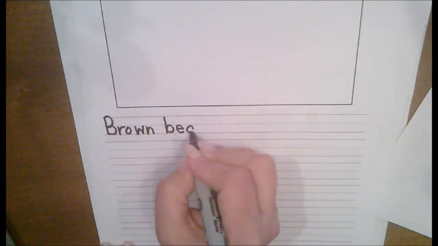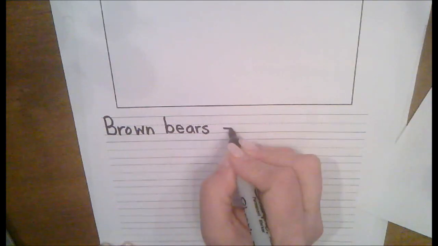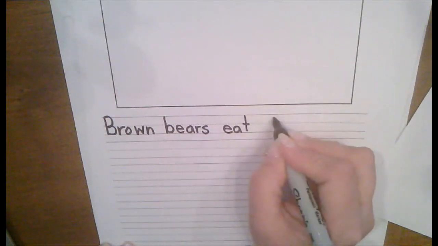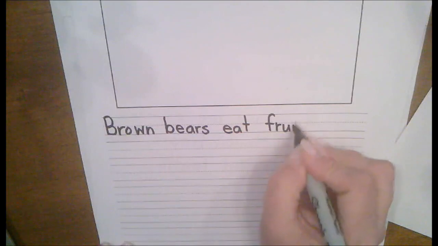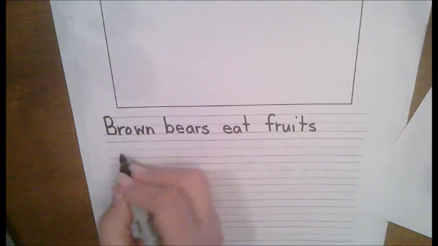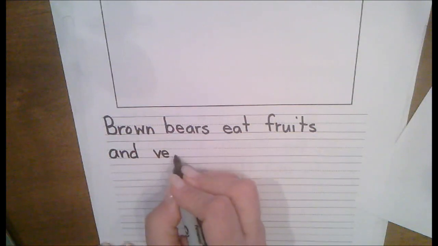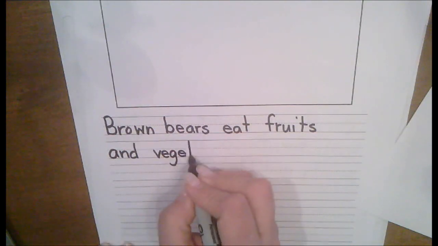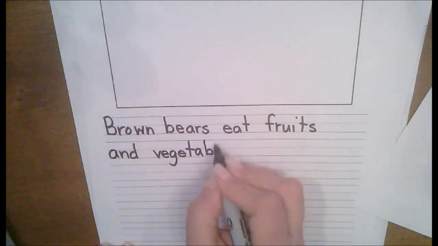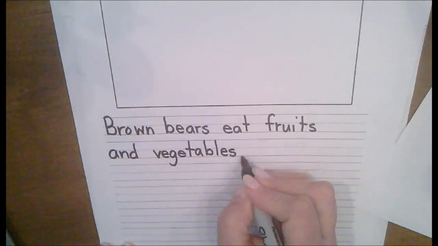Brown, need to write what it is. Bears eat fruits and vegetables. And again, if you don't know how to spell the word, just sound it out and write it the way it sounds and put a period.